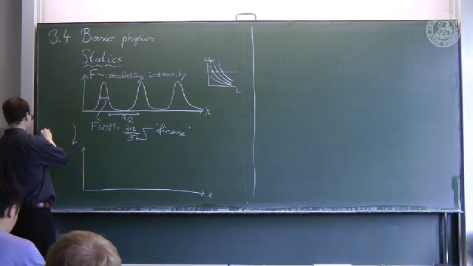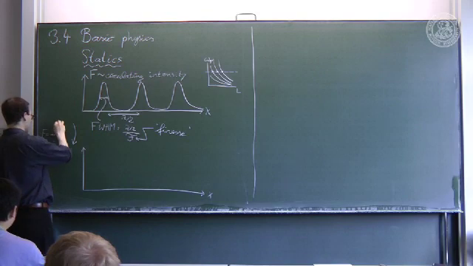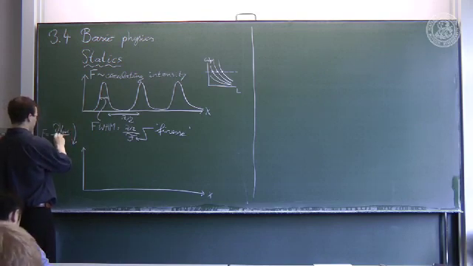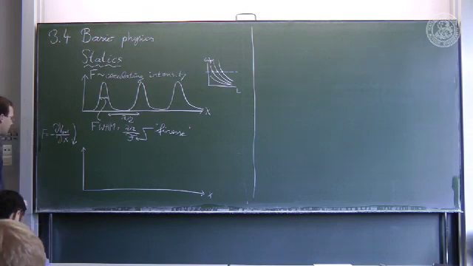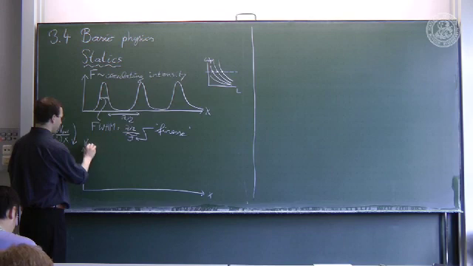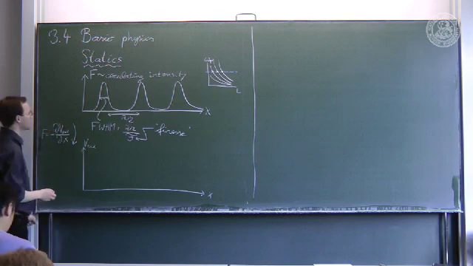So I want to have F equals minus the potential that belongs to the radiation field, d over dx.